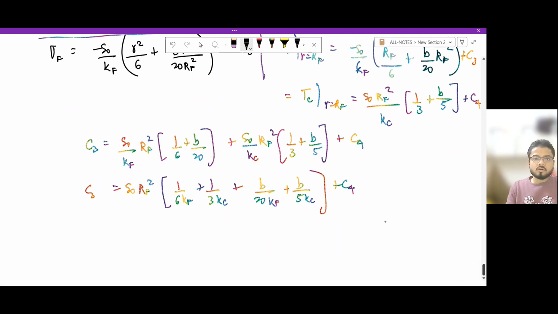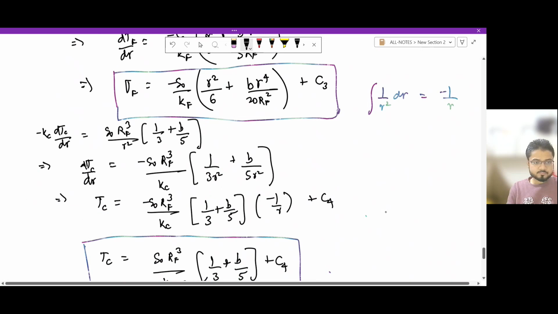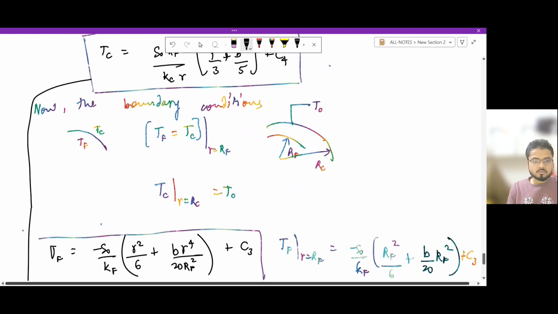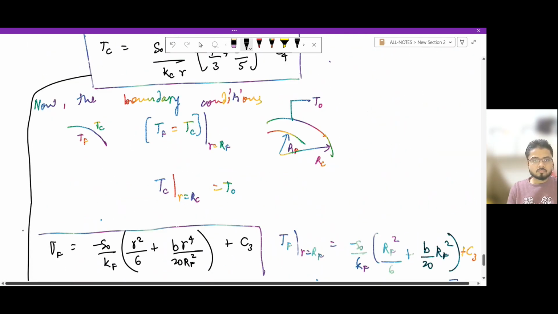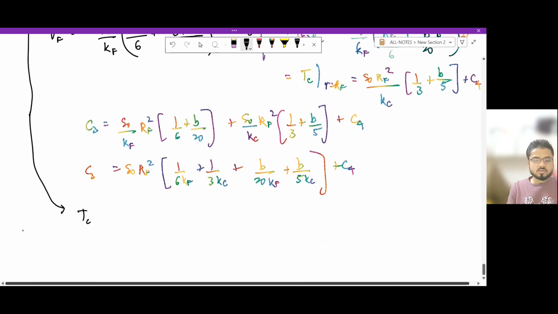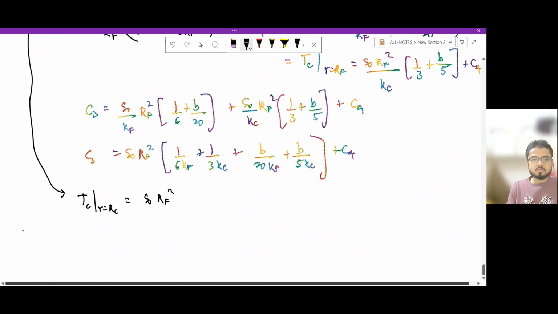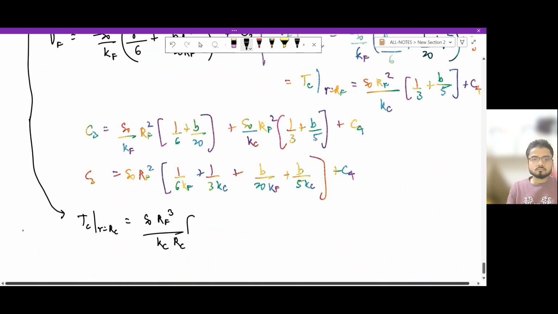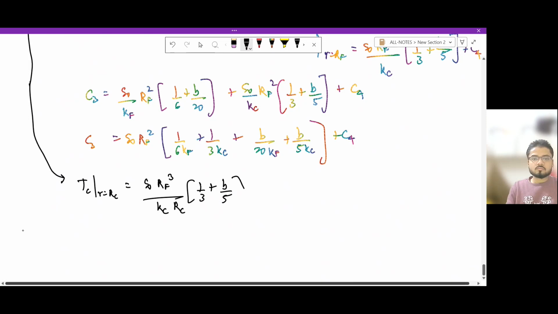And from this distribution right here, you can always write TC at R equals to RC would be equal to S naught times RF cubed over KC RC, 1 by 3 plus B by 5 plus C4, which is equal to T naught.